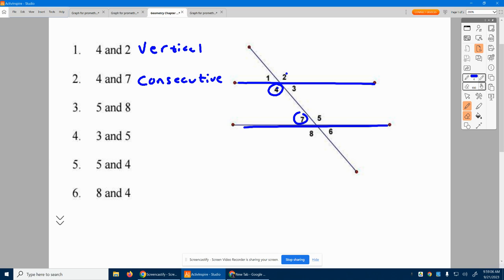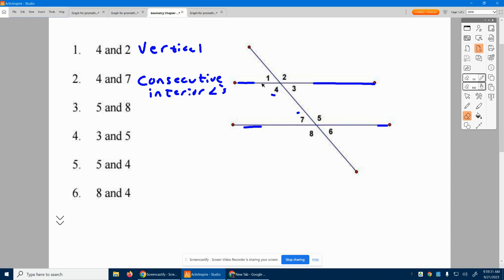As you slide down the transversal from 4, the next guy that comes in your view is 7. So they're consecutive interior angles. Now notice one is obtuse and one is acute. So they're not going to equal one another unless they're both 90s, but they're always going to add together to be 180 degrees. Okay, that's always true.